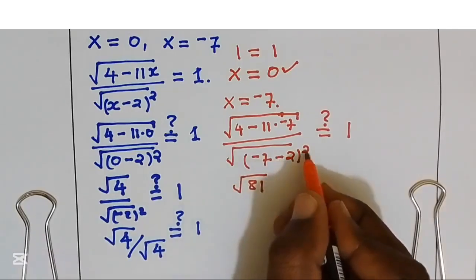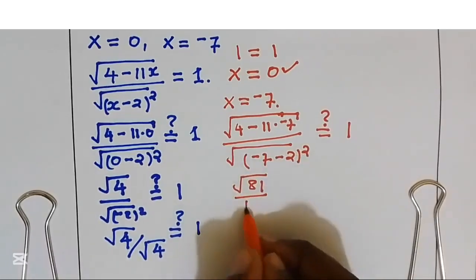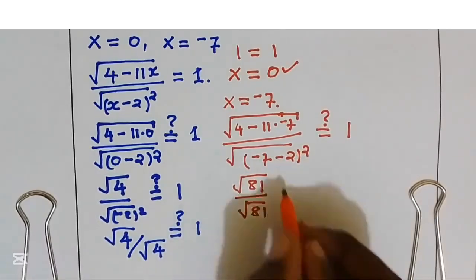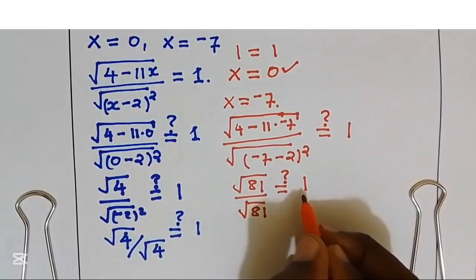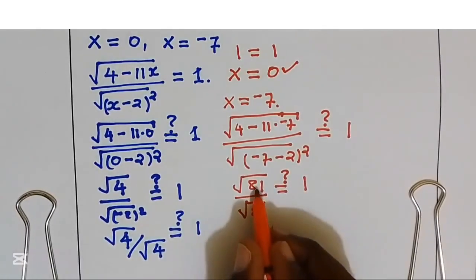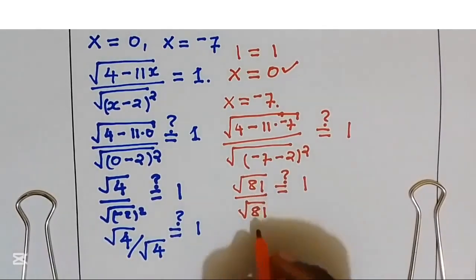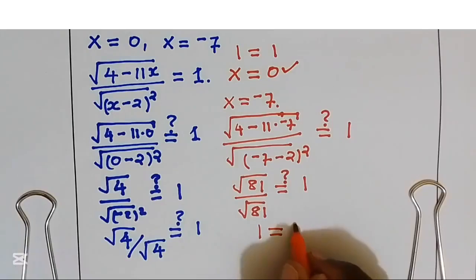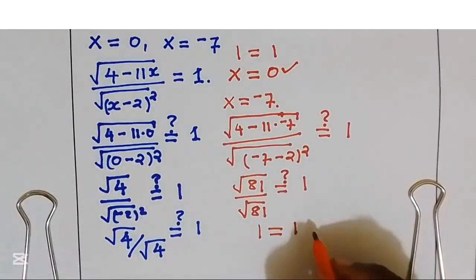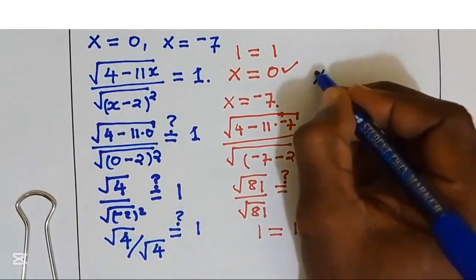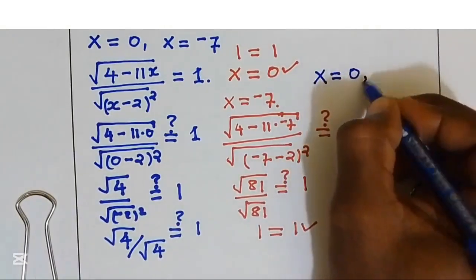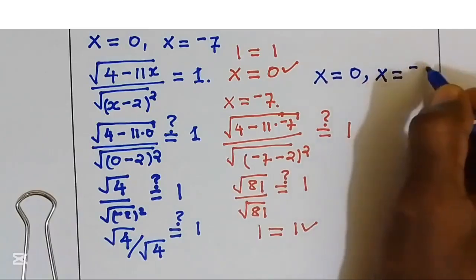When we square it, we are going to get 81 over the square root of 81. Is this equal to 1? Square root of 81 over square root of 81, we get 1 is equal to 1, which is true. Now our solutions are x is equal to 0 and x is equal to minus 7.